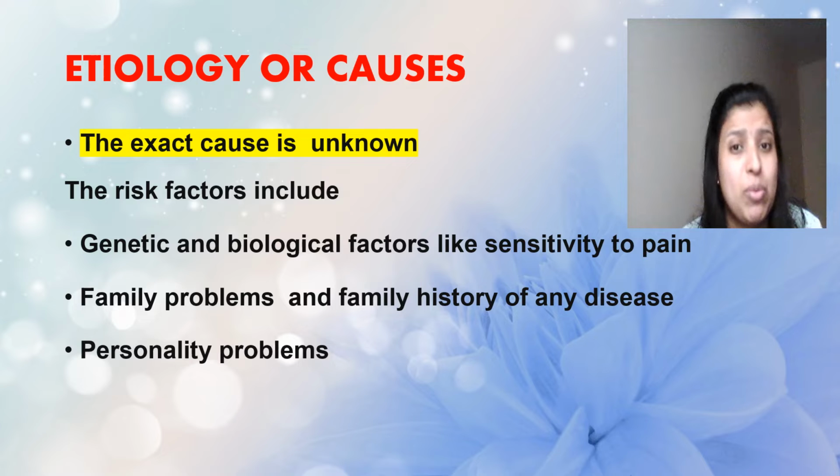Then severe family problems, where you are the victim of that family problem every day, and you don't know how to show or convey the problem. Your body and mind will work together, find a solution, and come to a conclusion in the form of psychosomatic disorder. This is because of the relation between your mind and body.